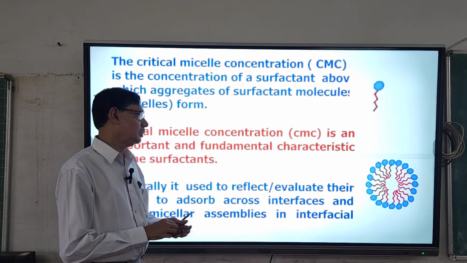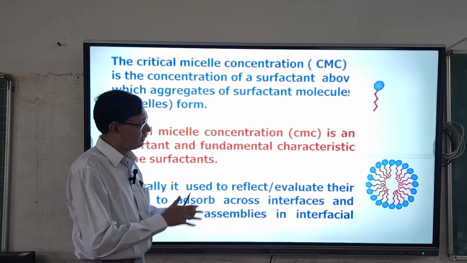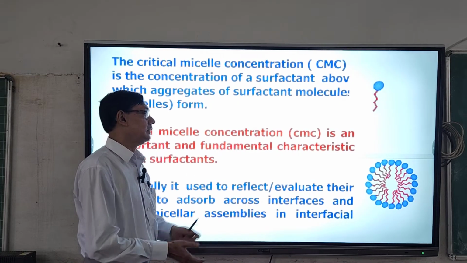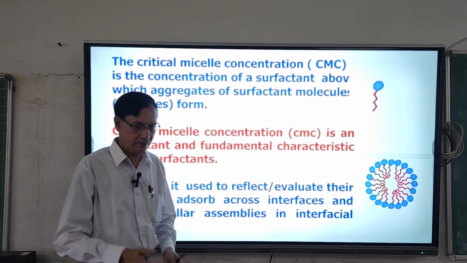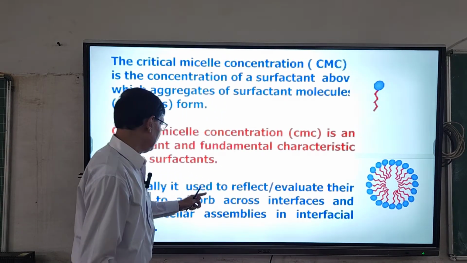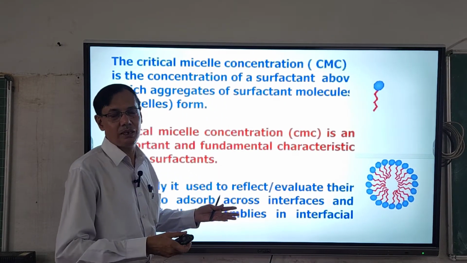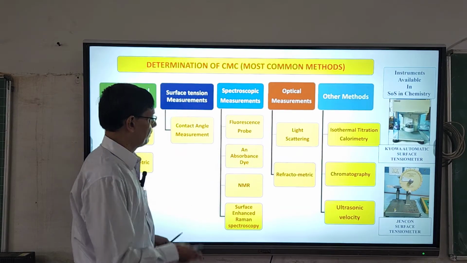Naturally that will also affect the interfacial tension as well as the surface energy, interfacial energy. There are so many other things. So therefore it reflects everything. So CMC is the most important property.